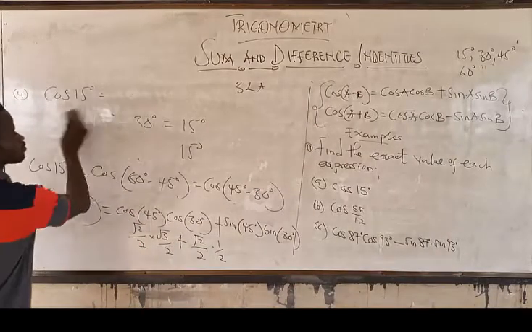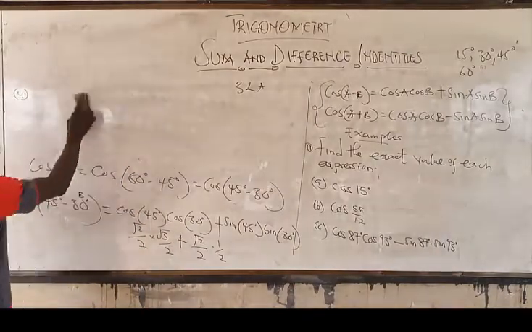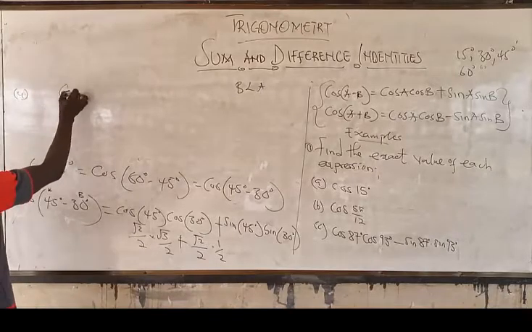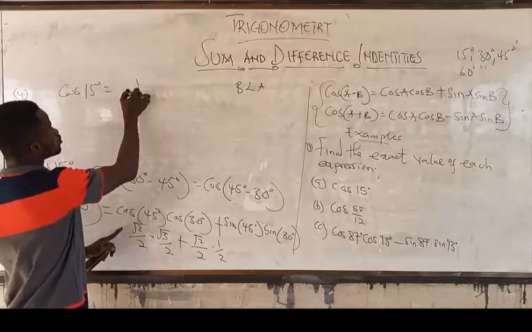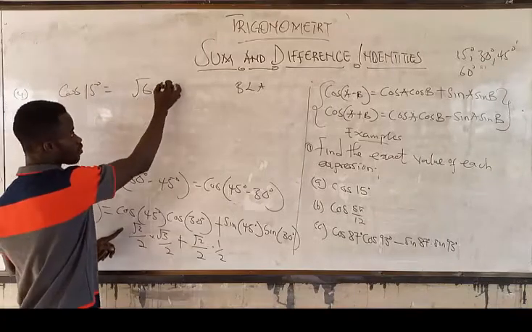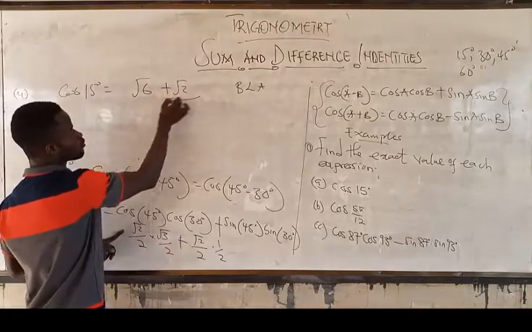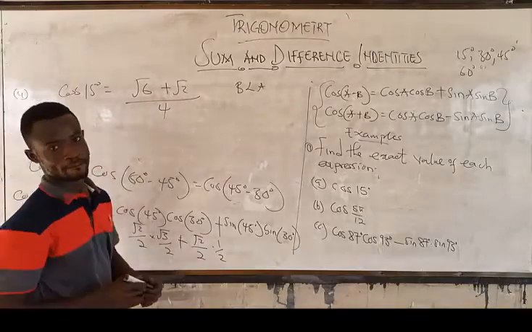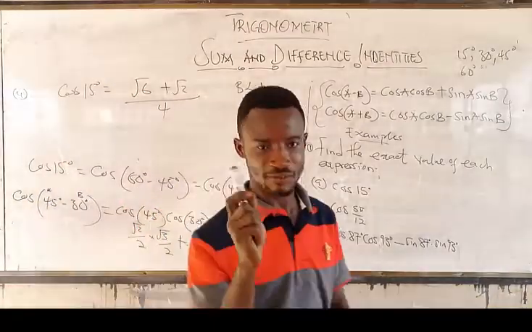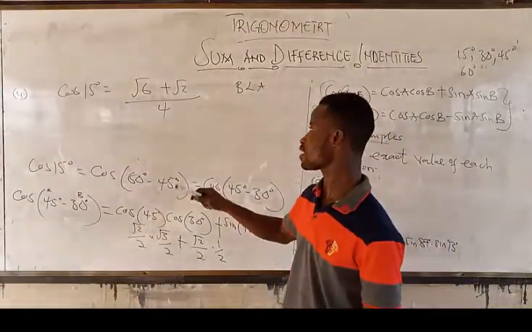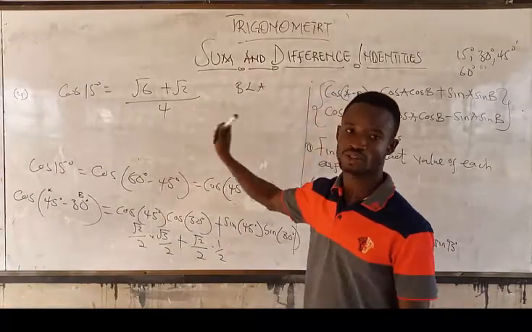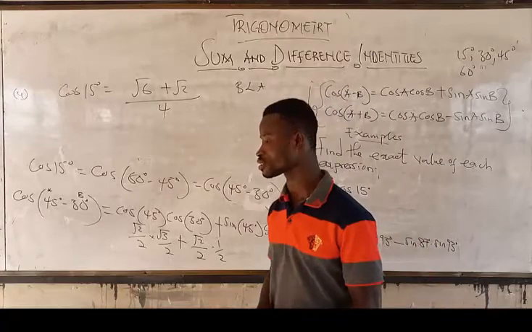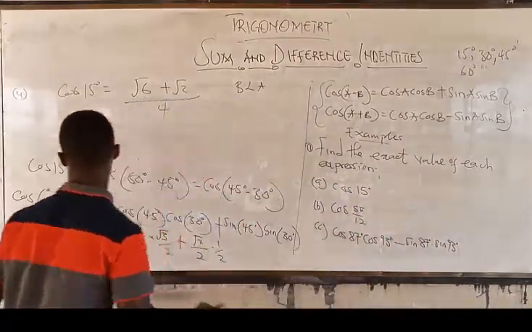That means cos 15 degrees is equal to square root of 6 plus square root of 2, all over 4. So you see, this is the exact value that we are looking for. Your calculator cannot give you this, but with the help of this expression, you can get it. Very good. Let's go for the second question.